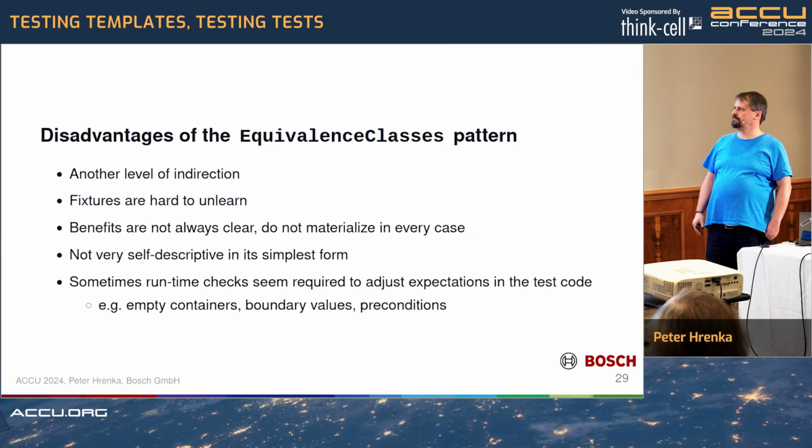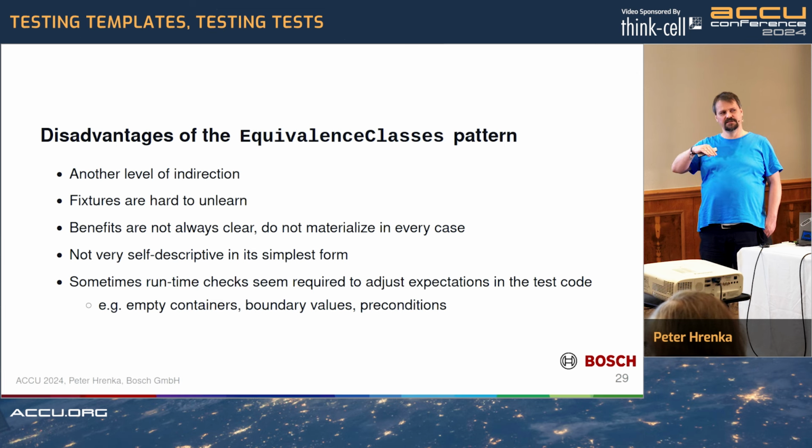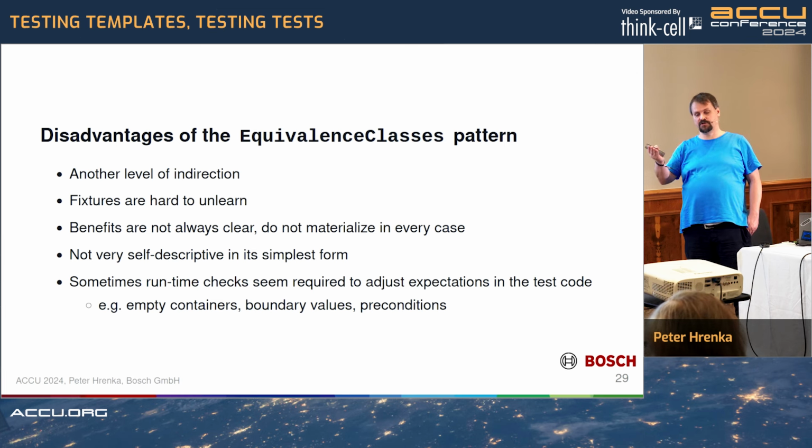Another thing people say is problematic is that sometimes you have to make runtime decisions. If it's an empty vector, which you don't know because you're just getting a list of elements, you have to have a runtime check inside of your test. Some people don't like it.